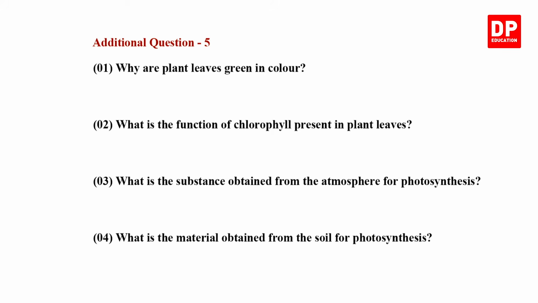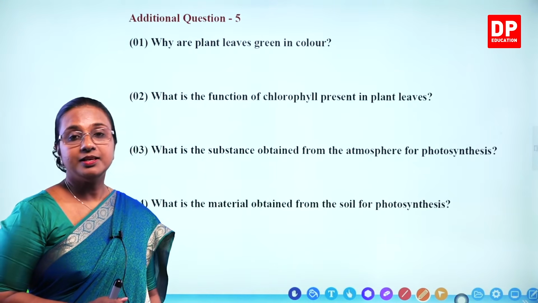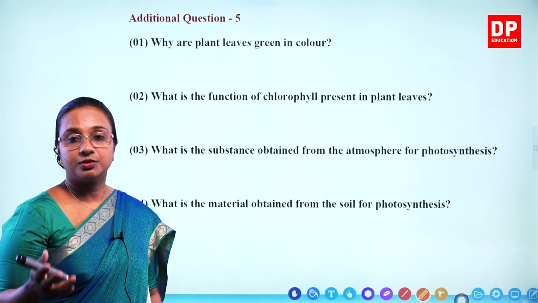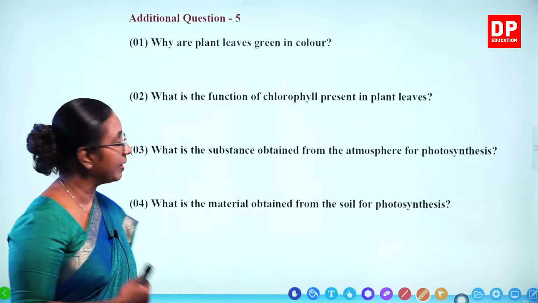Additional question 5. Why are plant leaves green in color? Because they have the colored pigment chlorophyll inside chloroplast.